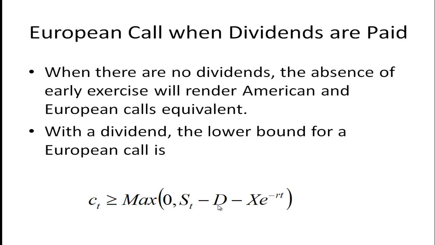And the reason that we subtract out the dividend is that when the stock goes ex-dividend, the stock price will fall. And that will make the option worth less than it was prior to the ex-dividend date.